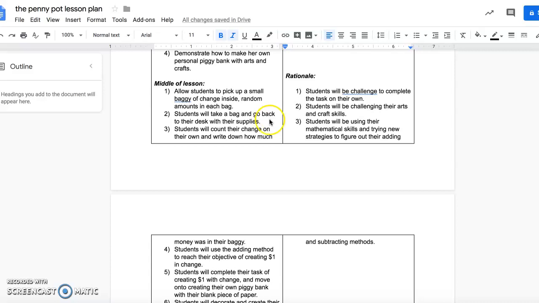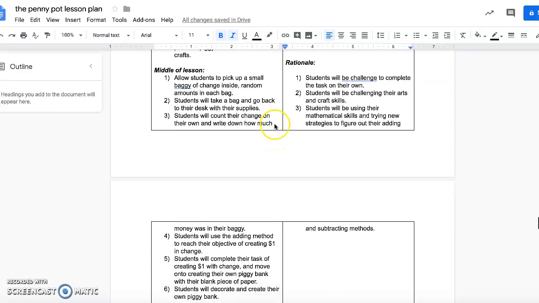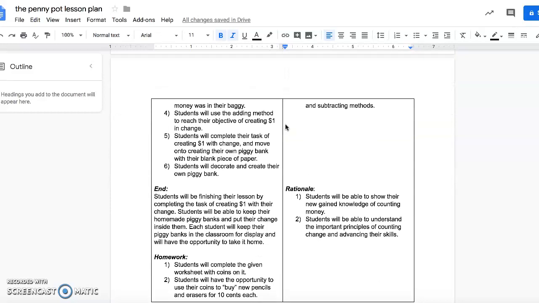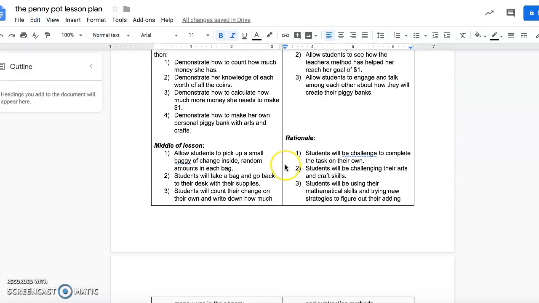Students will be given a bag, and they will have to count and figure out how much their bag has inside. Any student could have a bag with 50 cents, another could have 60 or 70 cents. They have to be able to count it, calculate it, and see how much they need in order to reach $1.